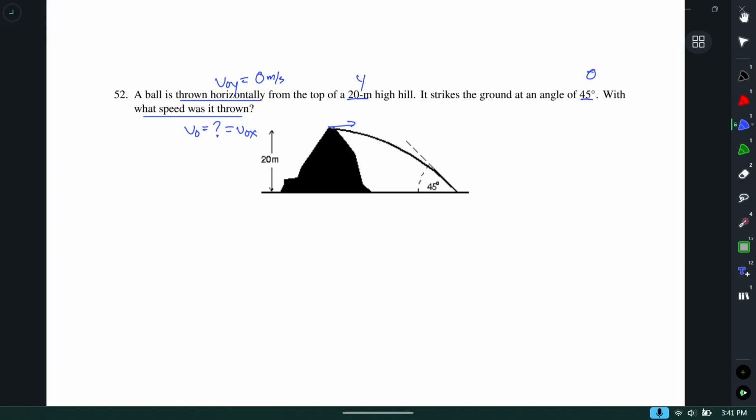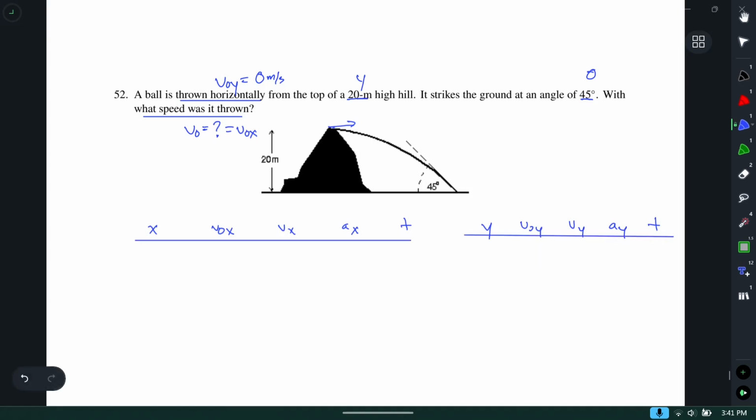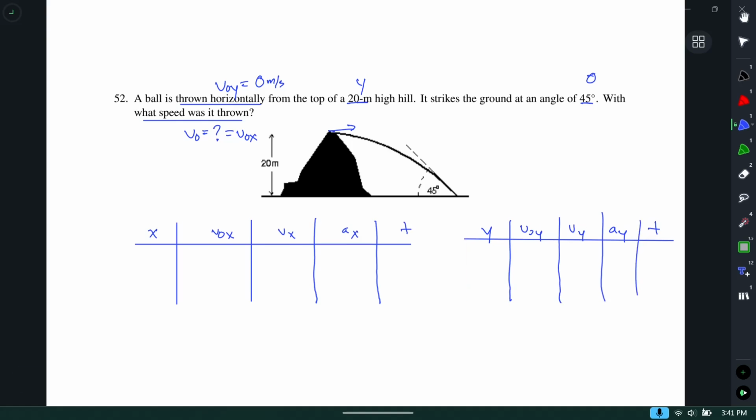All right, so I'll make my two tables. And so we know the initial y is 0.